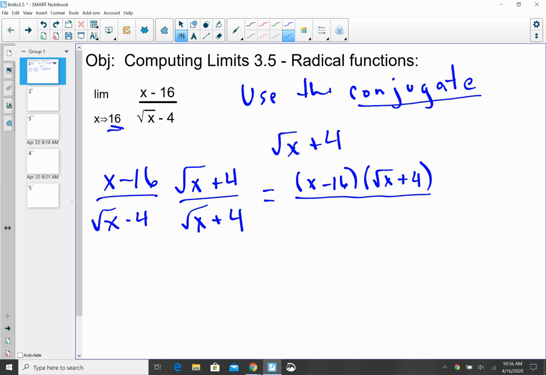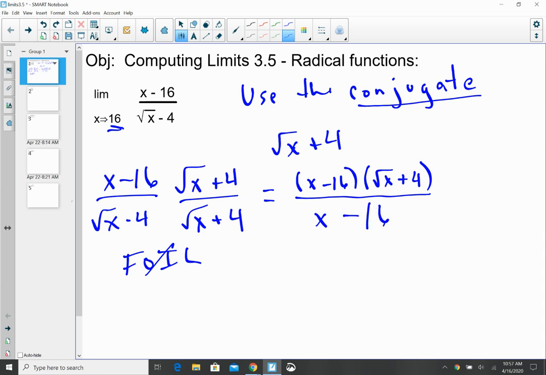Now, if you remember anything about conjugates, the trick when you multiply two conjugates together is, if you were a student of FOIL, you don't need the O and I. You're just going to multiply the first and the last. So the first, square root of x times square root of x, is just x. And the last, minus 4 times plus 4, is minus 16.